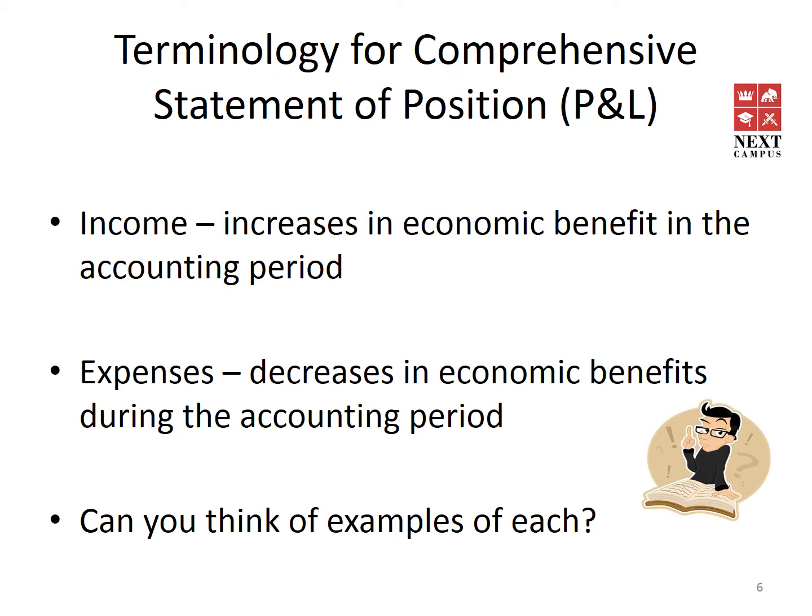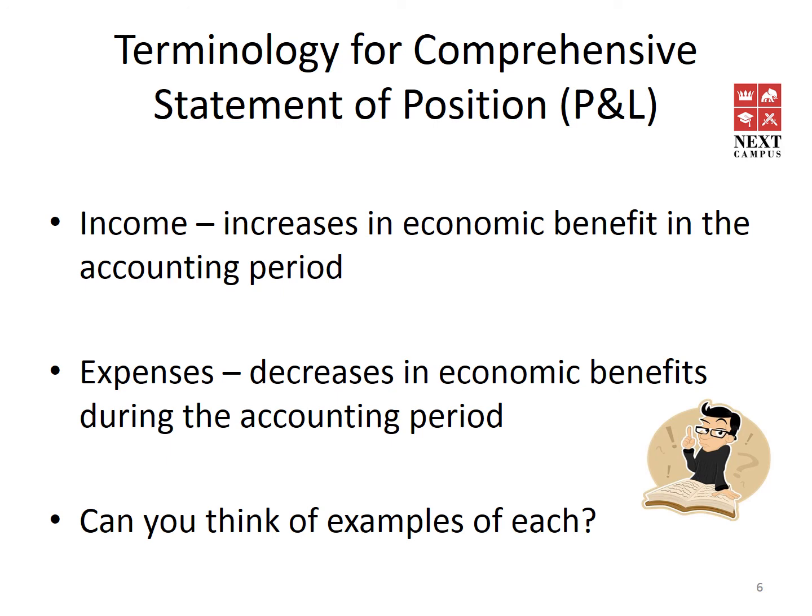Some more terminology in the financial statements. Income is the revenue, sales, that increases the economic benefits for the accounting period. It's the sales and revenue that is generated by a business. Then the expenditure, which will decrease the economic benefits of the business. Examples: purchases, traveling expenditure, stamps, postage, salary, all are expenses.